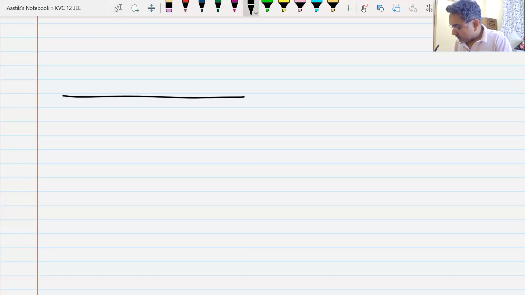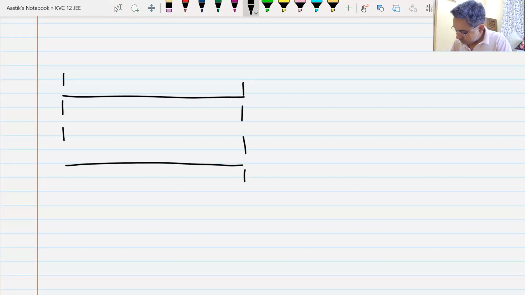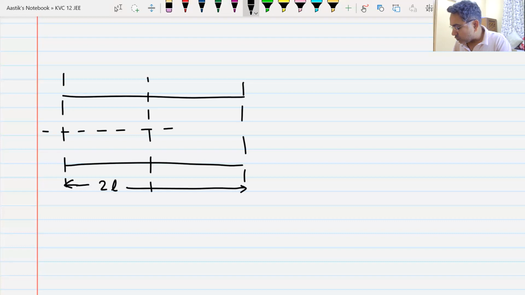Now the question goes like this. This is a cylinder, an open cylinder. That means it does not have caps on the other side. The length of this cylinder is 2L.